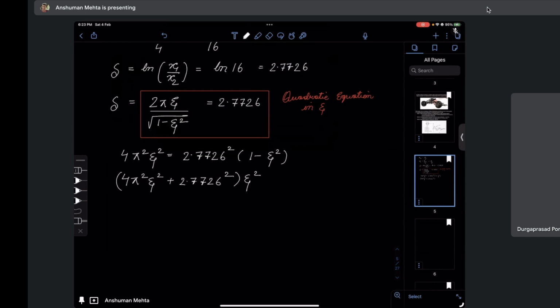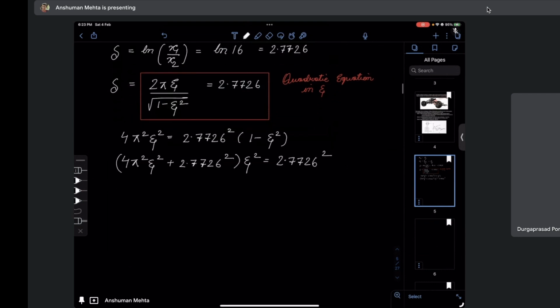The zeta square won't be there on the right because we already taken it common. So zeta square can be written as 2.7726 square divided by 4 pi square plus 2.7726 square.